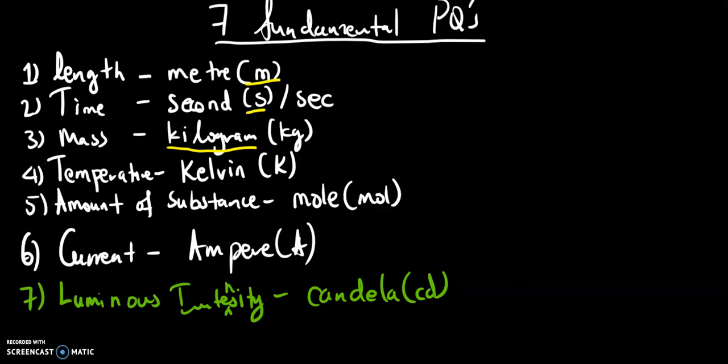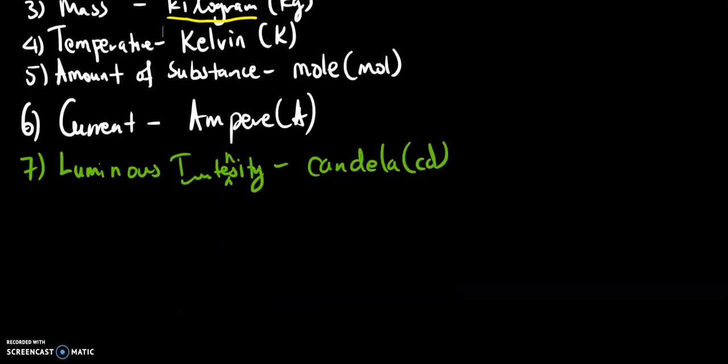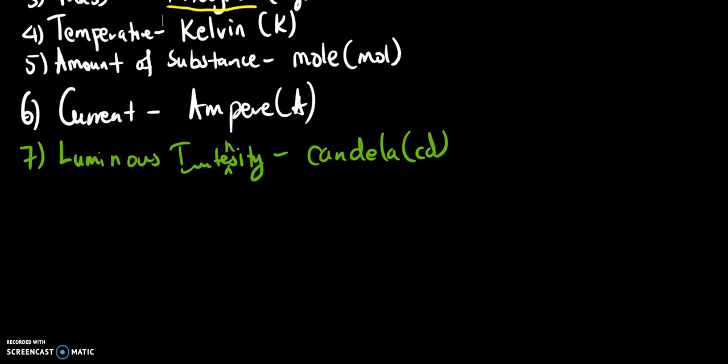Then we have current with the unit ampere, abbreviated capital A. May I please go back to temperature? Note that the unit is Kelvin, not degrees Celsius. You must take note of this. It's Kelvin, not degrees Celsius.